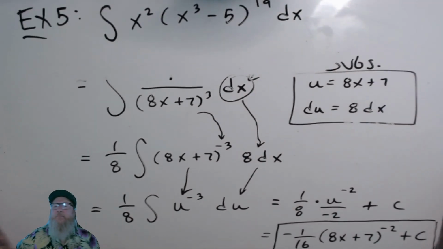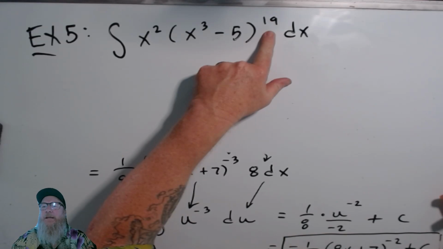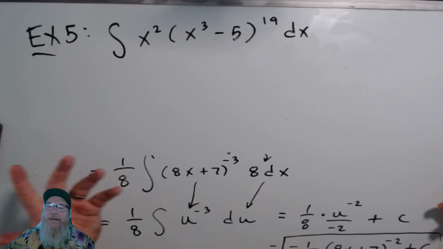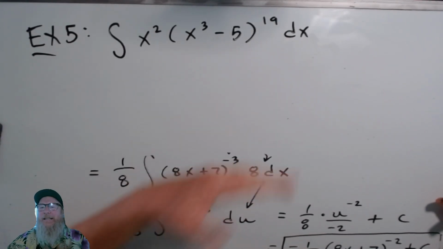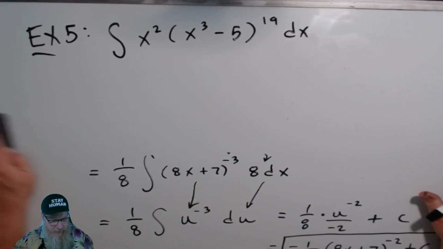One of the main reasons for these special techniques is when you have, I don't want to say ridiculous, because 19 is not ridiculous, but it kind of is. If I asked you to multiply this by itself 19 times, that would be ridiculous, right? I couldn't ask you to do that in any reasonable amount of time.